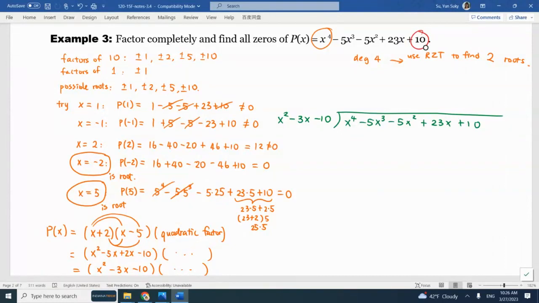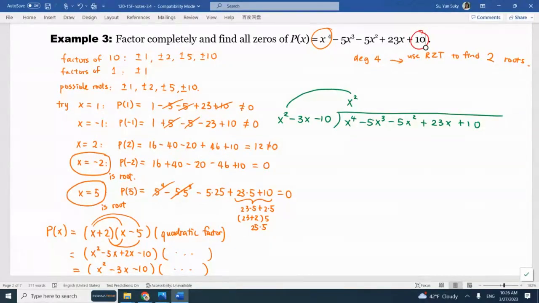It's like how you divide numbers. You use this polynomial divided by this quadratic factor because you want to find the quotient, right? Therefore, you put it here, and then you look at the leading term. What multiplied by x squared gives x to the fourth? x squared, right?